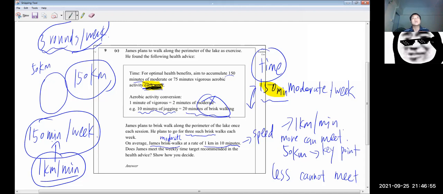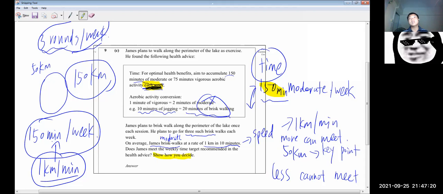Of course, I have talked a lot about how to answer this question, but your job is to summarize in English plus some mathematics in order to present your answer. Because it says, show how you decide, right?